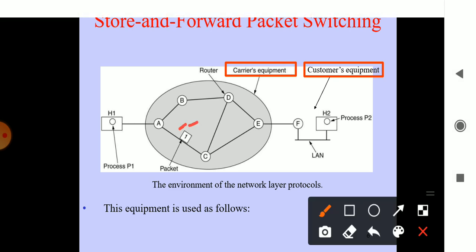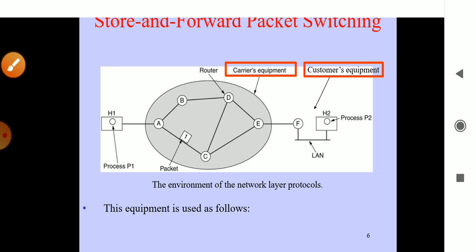Here the information passes from A to B, B to D, then D to E. When passing the information, it has to check whether the router is free or not. If it is free, only then will the information be passed. Otherwise, the router stores the information there, and later when the line becomes free, it will be passed. That is called store and forward packet switching.